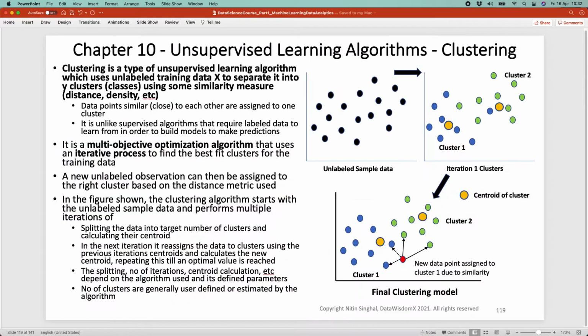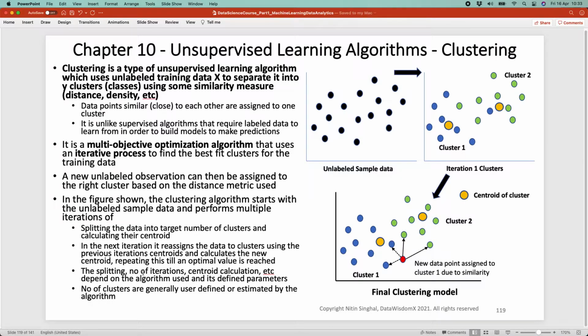So now, if you look at this sample data here, you've got a bunch of data points and they represent all your X independent variables and they're plotted on this simple two-dimensional axis. Now, how does the clustering algorithm work? What it does is it starts with this unlabeled sample data and then performs multiple iterations of a certain number of steps.